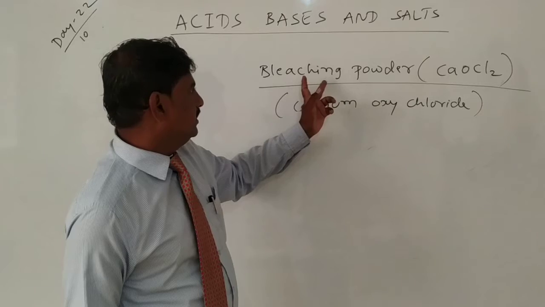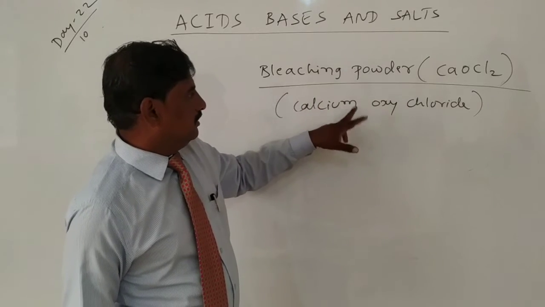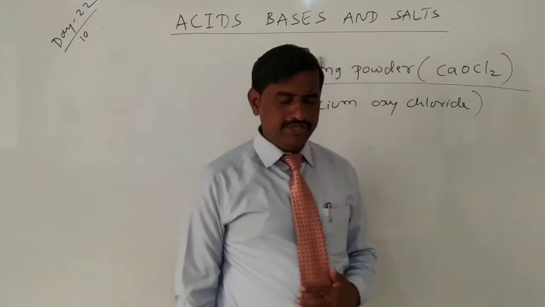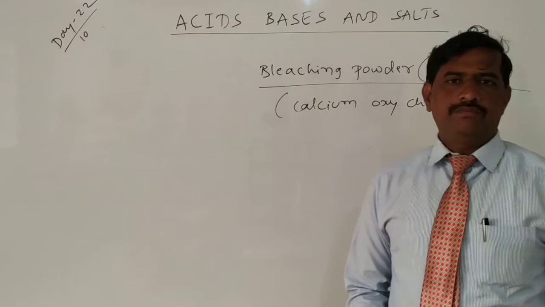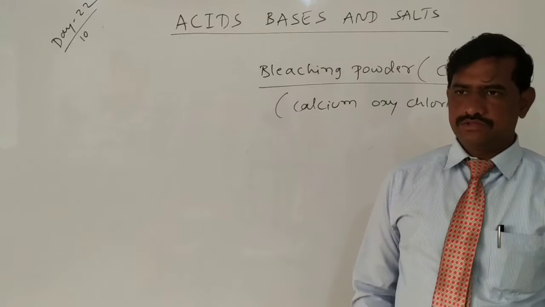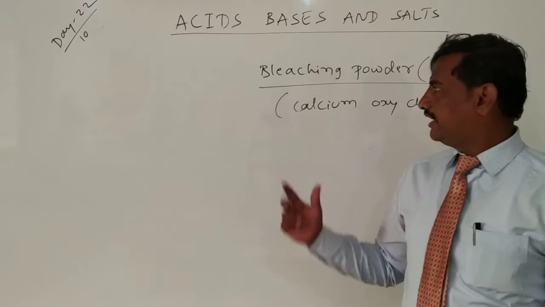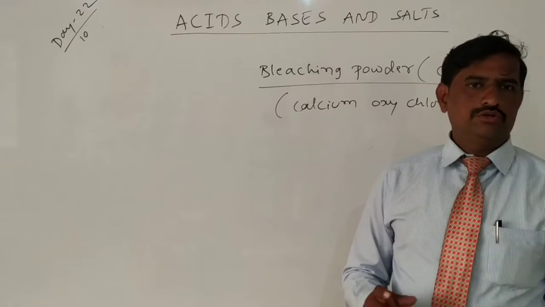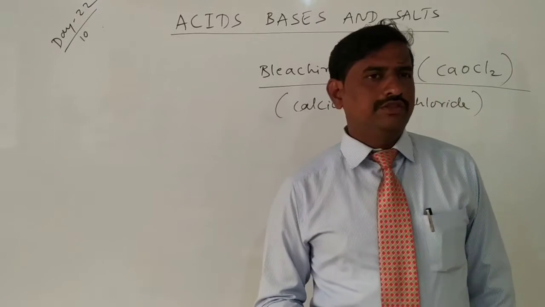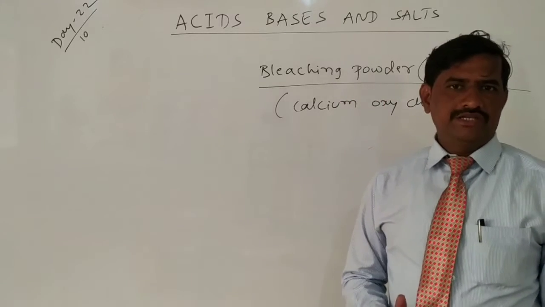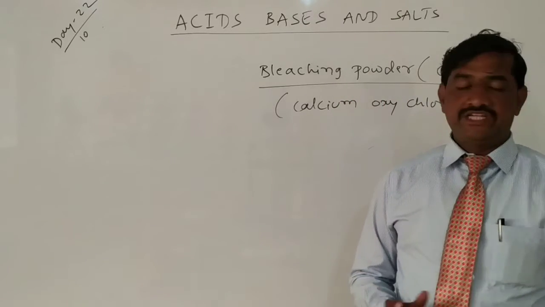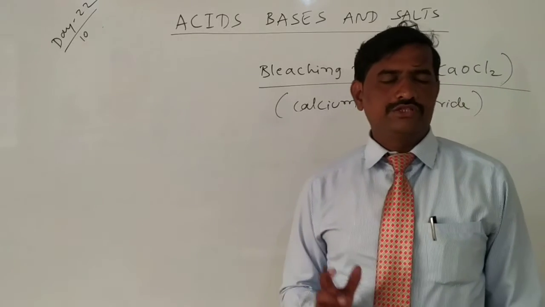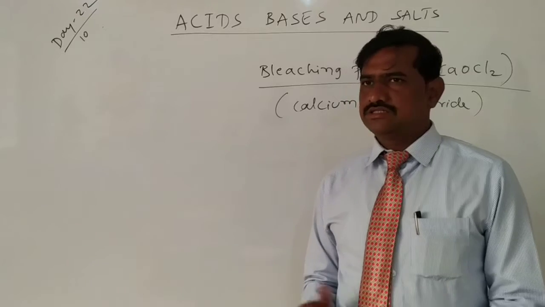First we will learn about the uses, and then how it is manufactured. Bleaching powder is used to bleach the wood pulp in the paper industry, as well as in the textile industry to bleach cotton and linen materials.